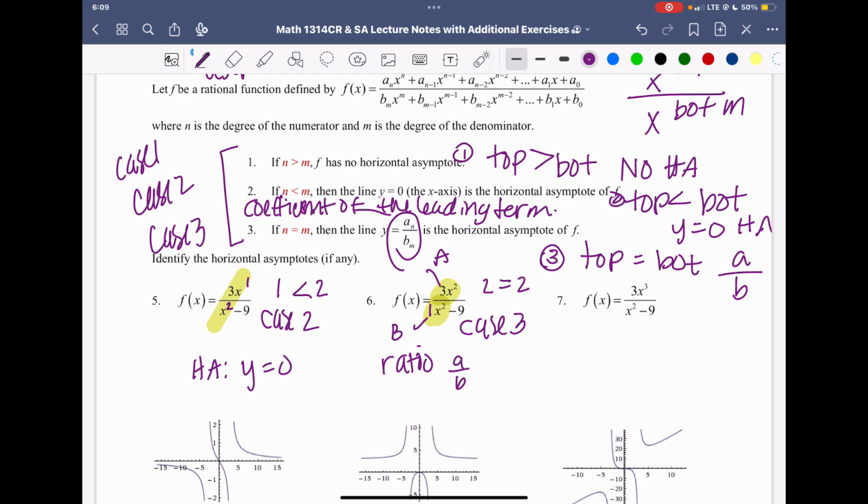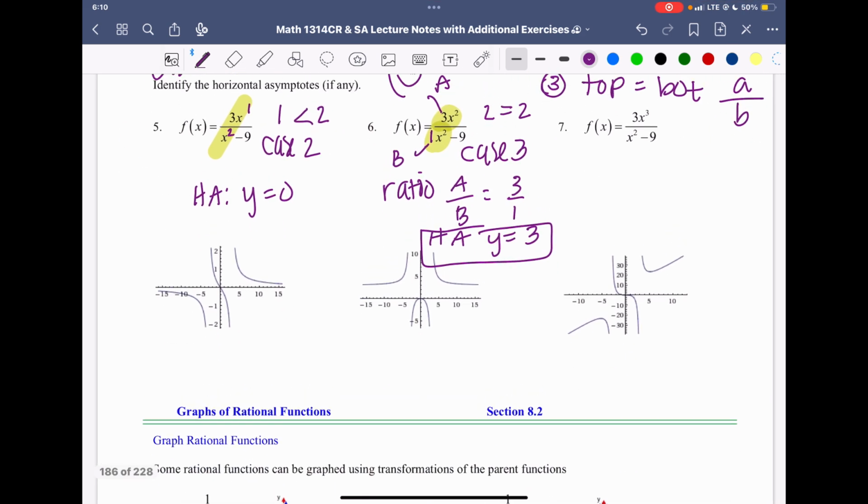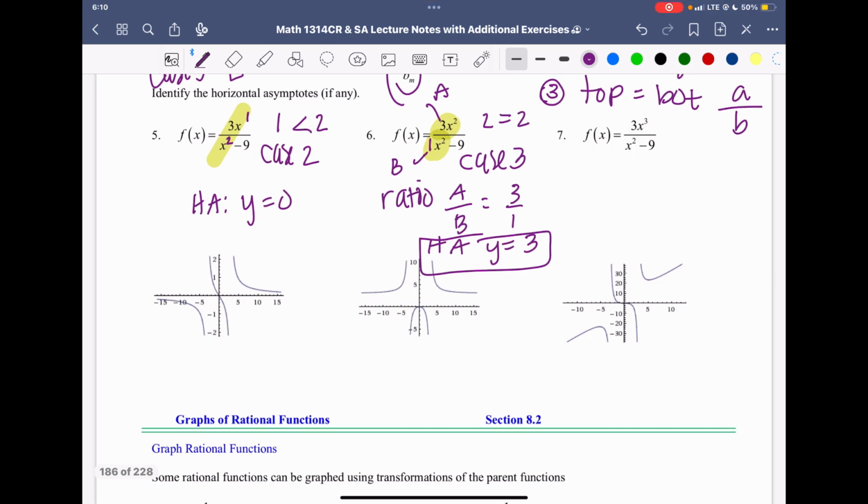So now you have A over B, 3 over 1. And so your horizontal asymptote is going to be y equals 3. And you can see it down here. Right here at 3, nothing's happening. The graph doesn't cross.